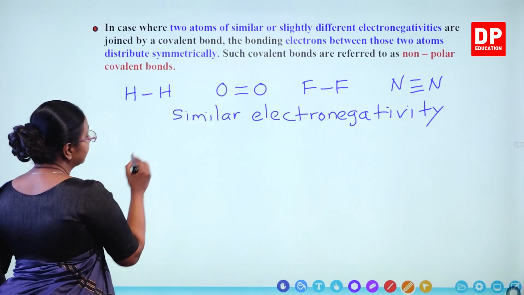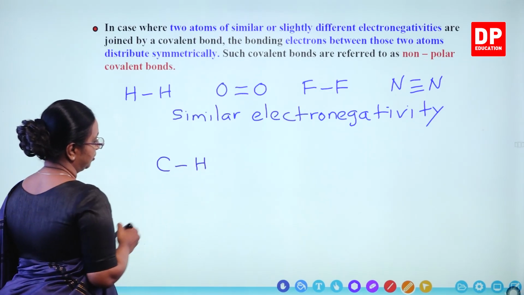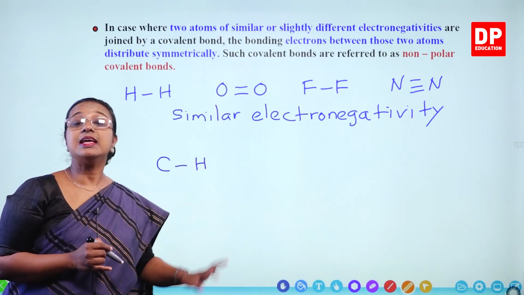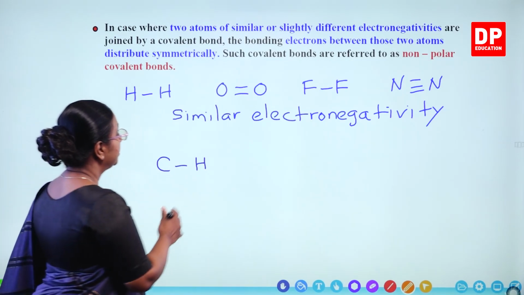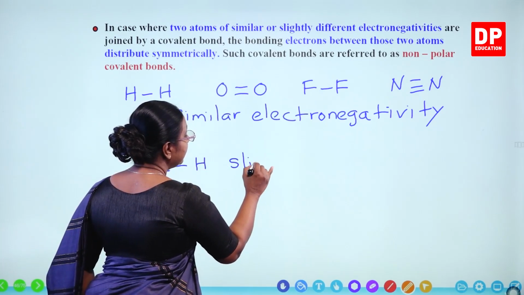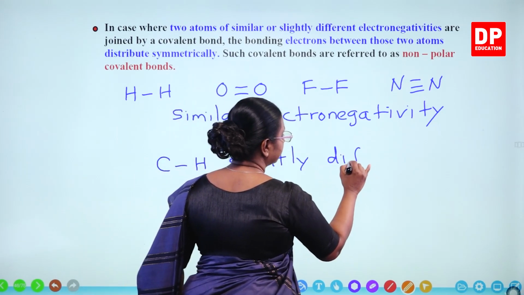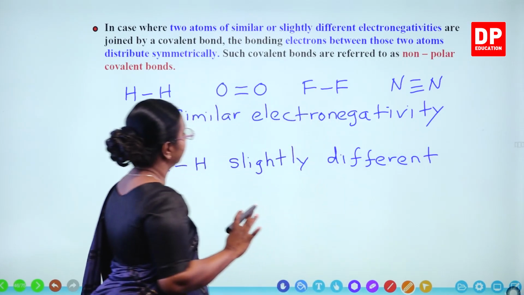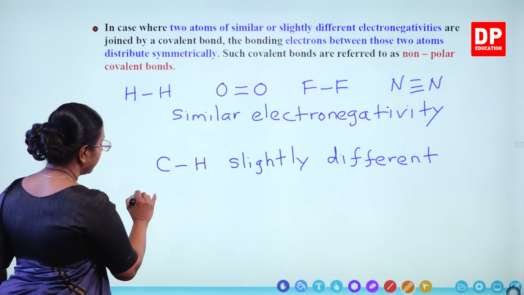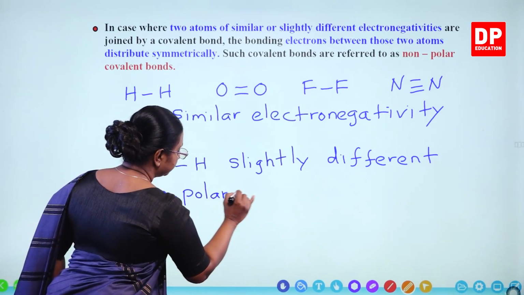Or it can be slightly different. Now, if we take a carbon-hydrogen bond, this is slightly different. Still, all these bonds are non-polar covalent bonds.